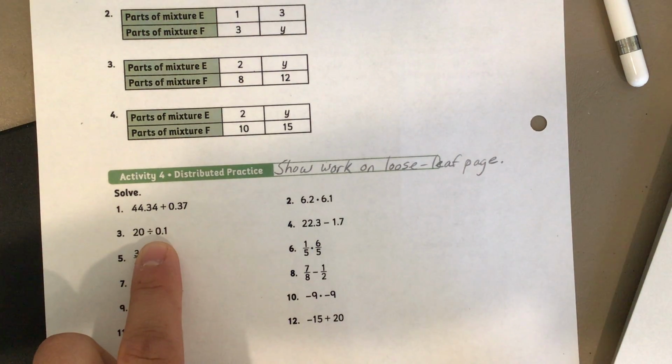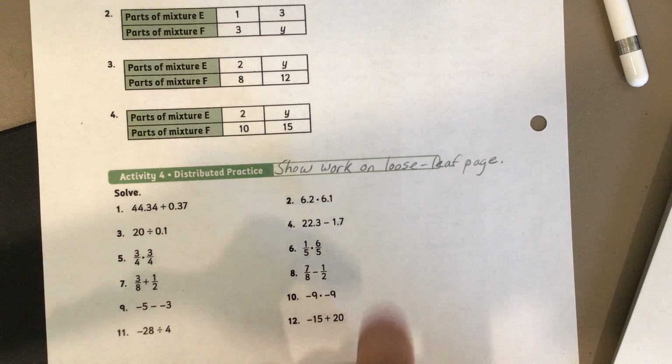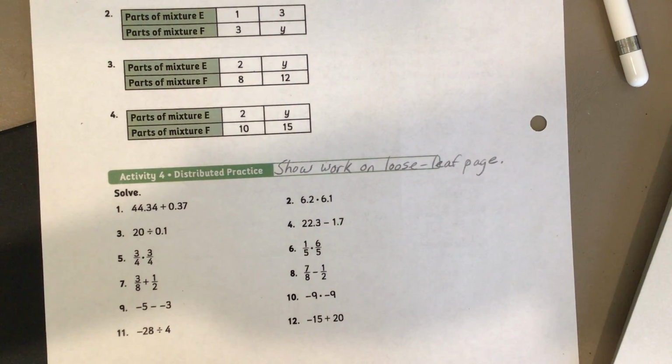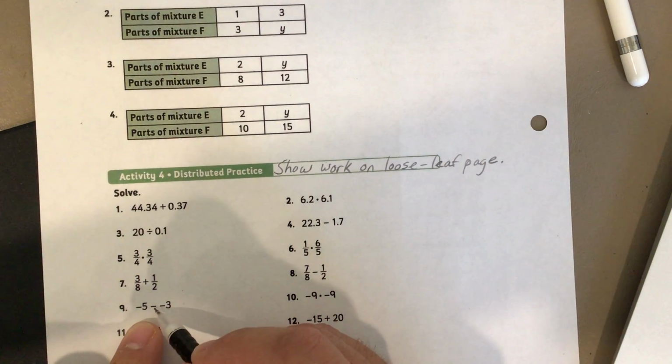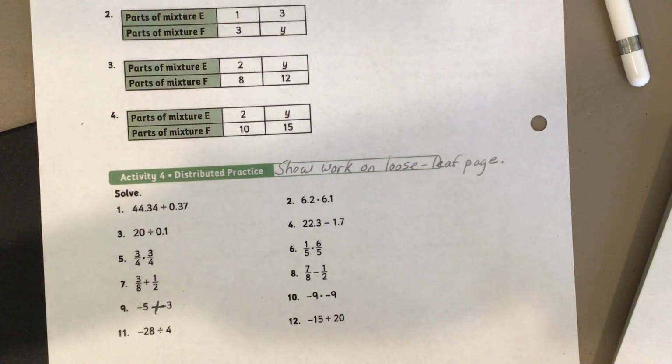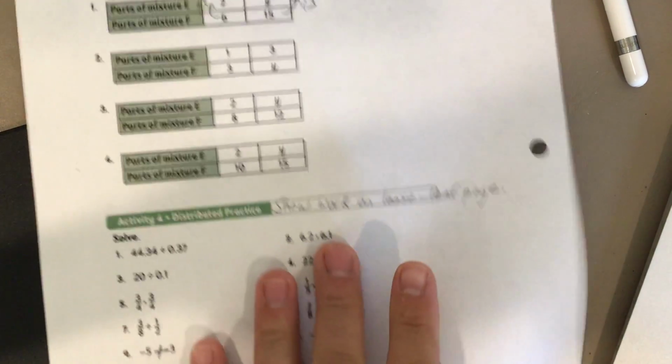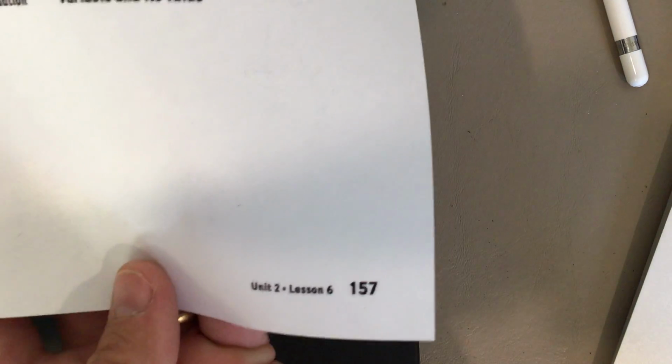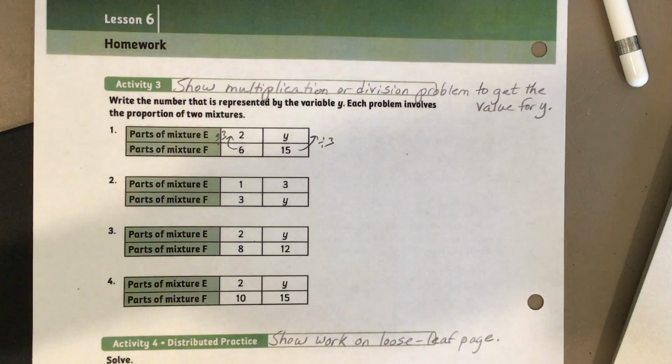Make sure your decimals are in the right spot when you're multiplying, adding, or subtracting decimals. This one, make sure if you have two negative signs, remember that turns into a plus. So you borrowed somebody $5, they paid you back $3. How much do they owe you yet? But the rest should be pretty self-explanatory. So page 157 and 158, guys. That will be due by tomorrow.